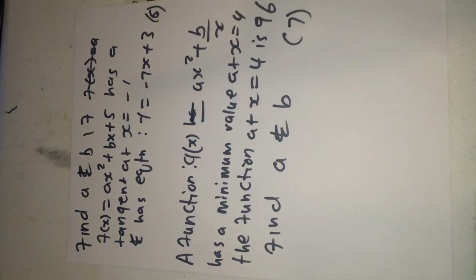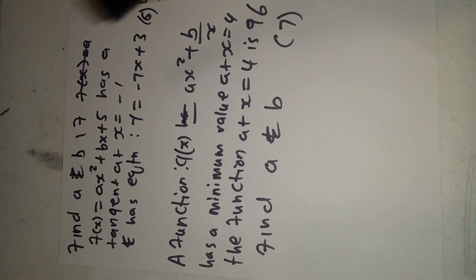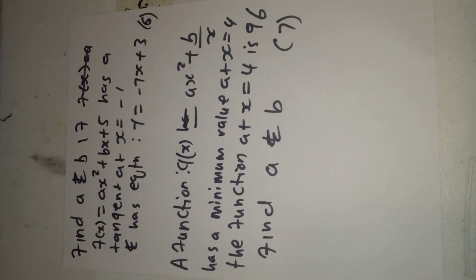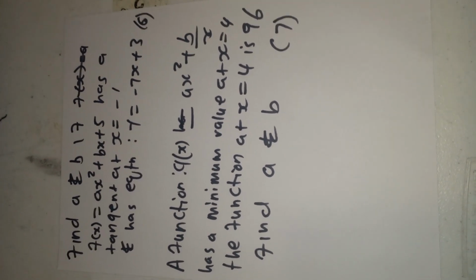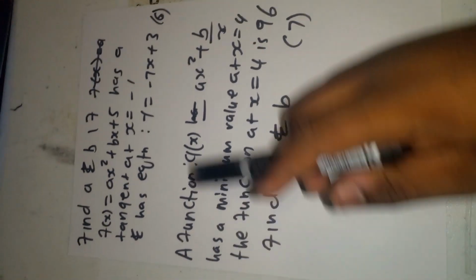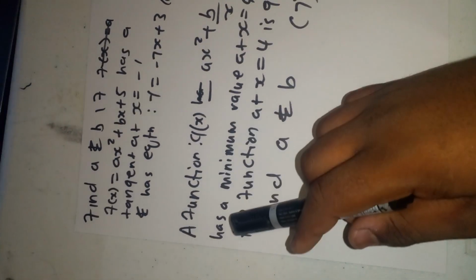Here are your questions. Find a and b if f(x) is equal to ax squared plus bx plus 5 has the tangent at x equals 1, and it has the equation negative 7x plus 3. So that equation is the equation of the tangent. Number 2, the one that I wanted us to focus on: a function g(x) equal to ax squared plus b over x has a minimum value.